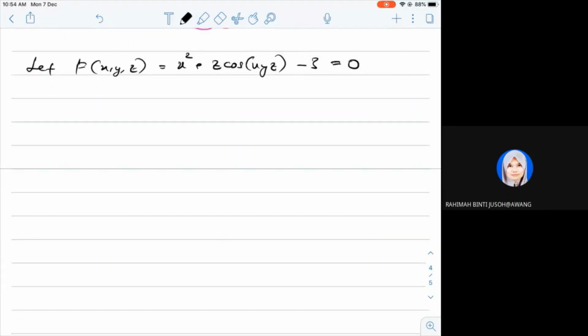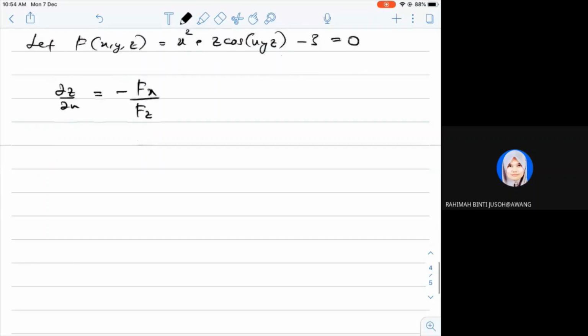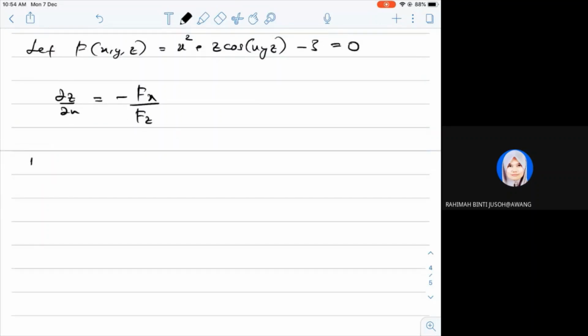Let us find del z over del x. Del z over del x equals to what? The formula? Negative fx over fz. So let us find the fx first.